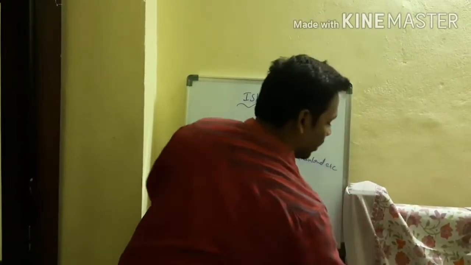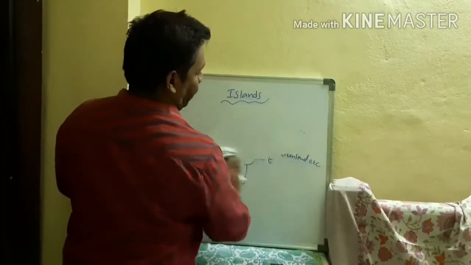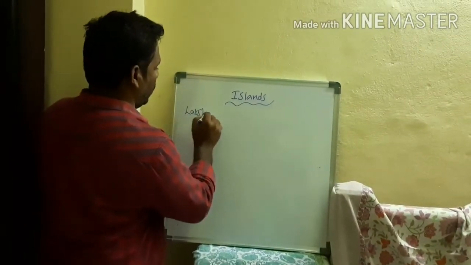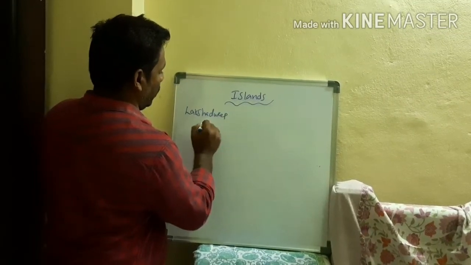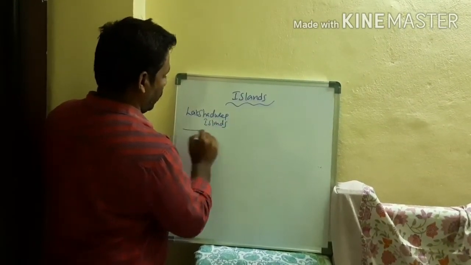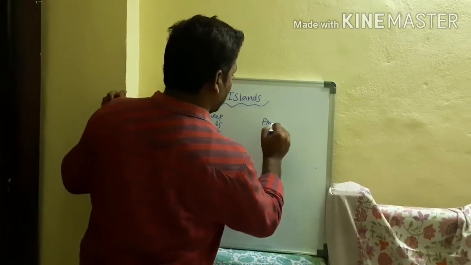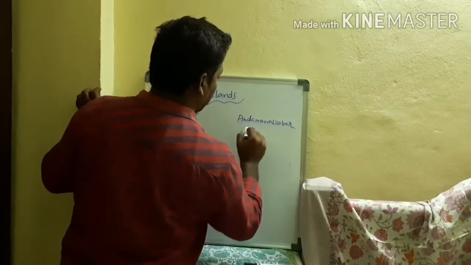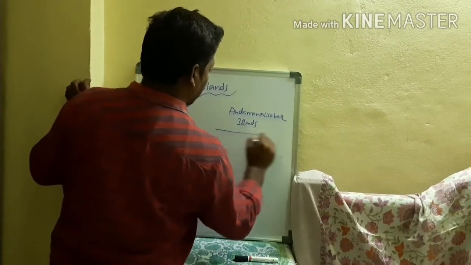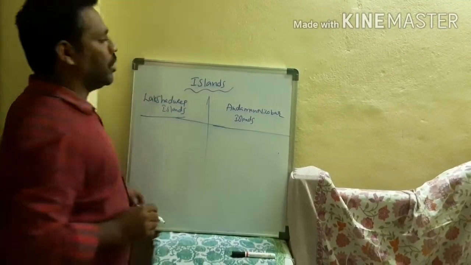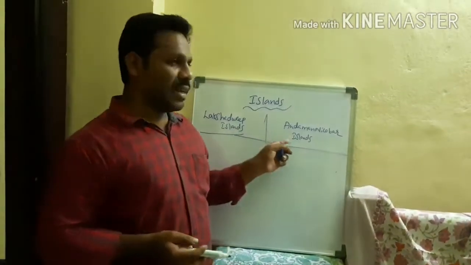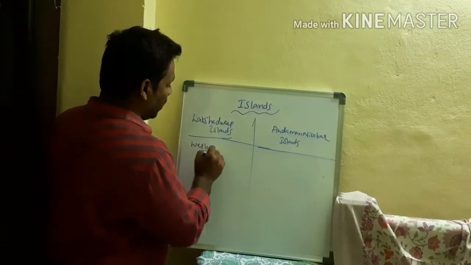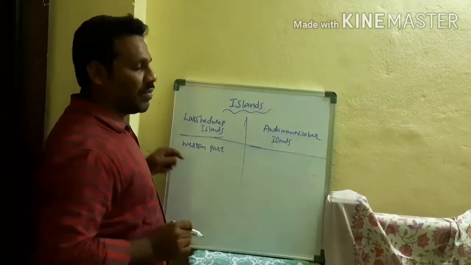For example, the Lakshadweep Islands and the Andaman Nicobar Islands. The Lakshadweep Islands are in the western part of our country.